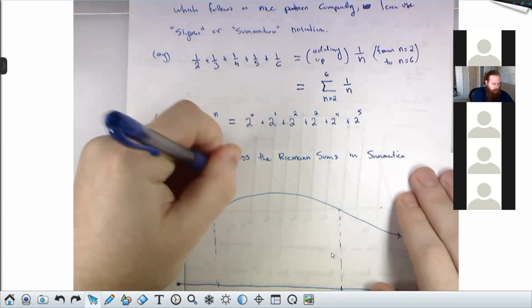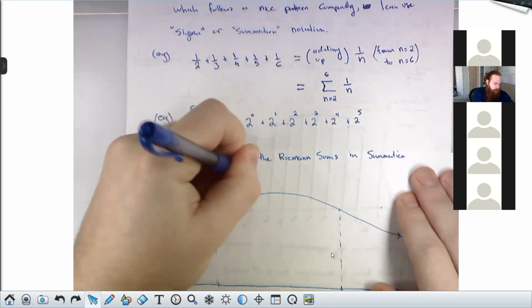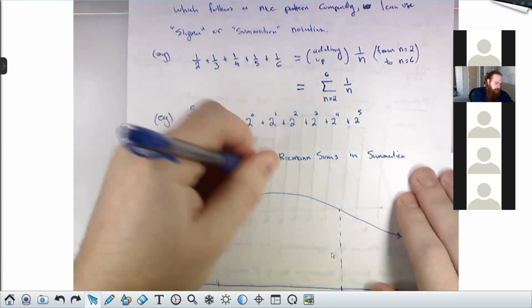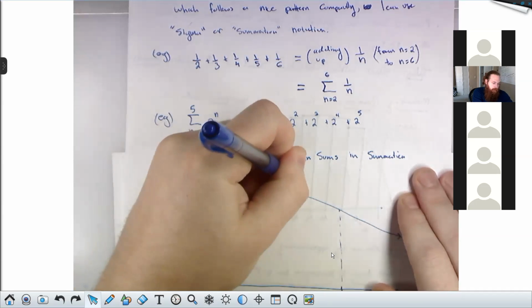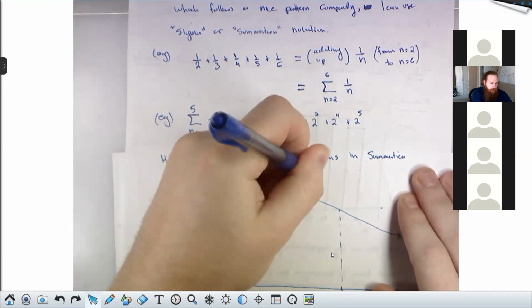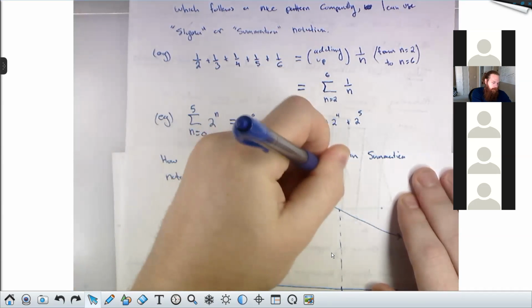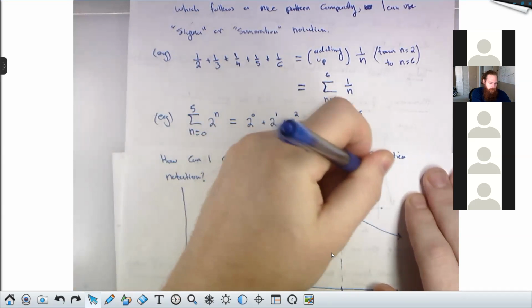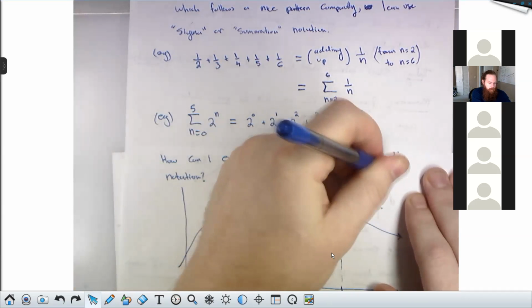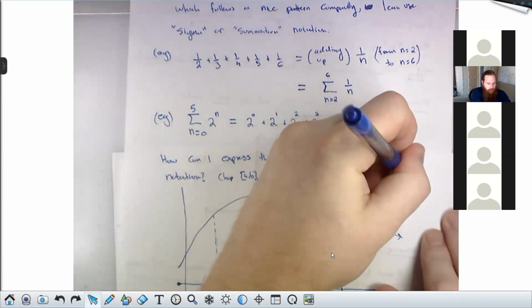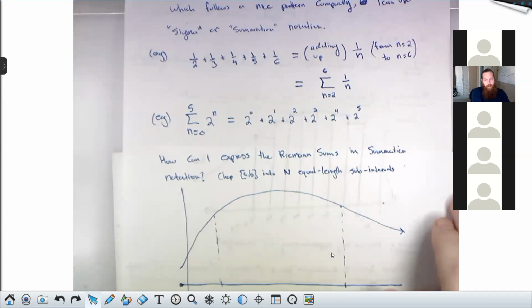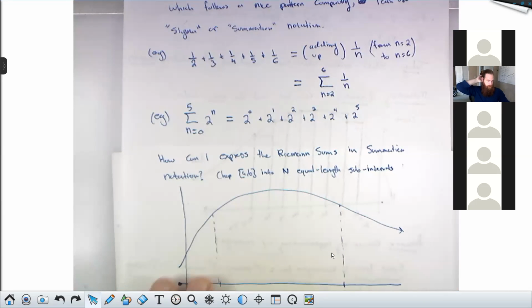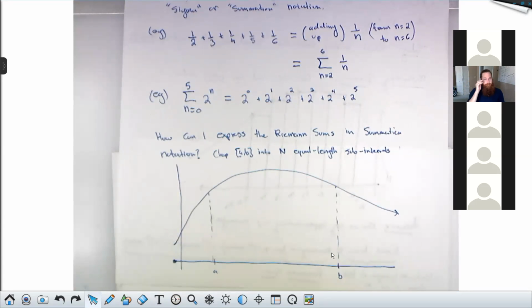So I'm going to chop the interval AB into capital N equal length subintervals, and we'll talk about what each one's length will be in a minute.